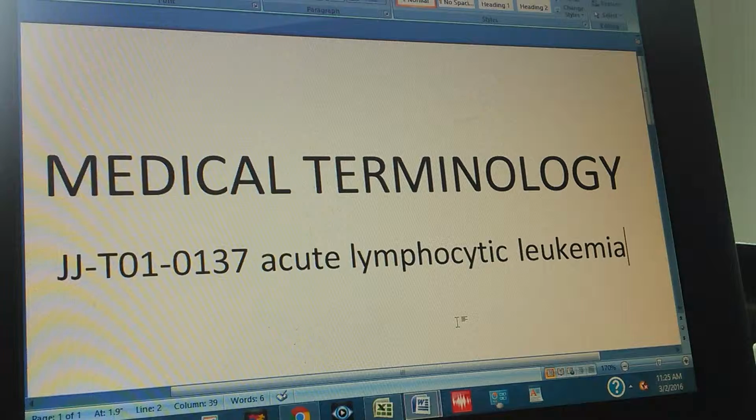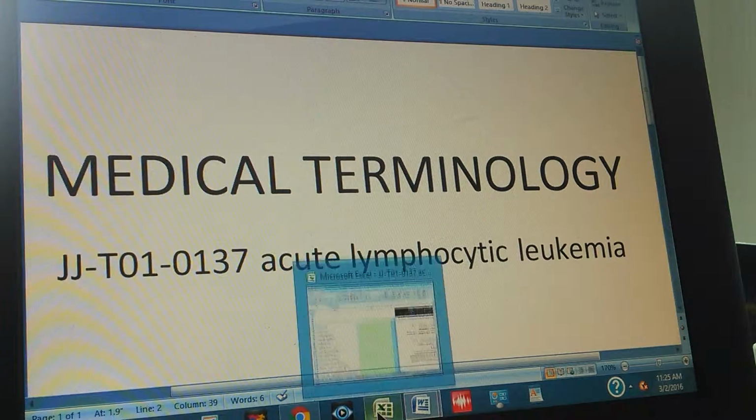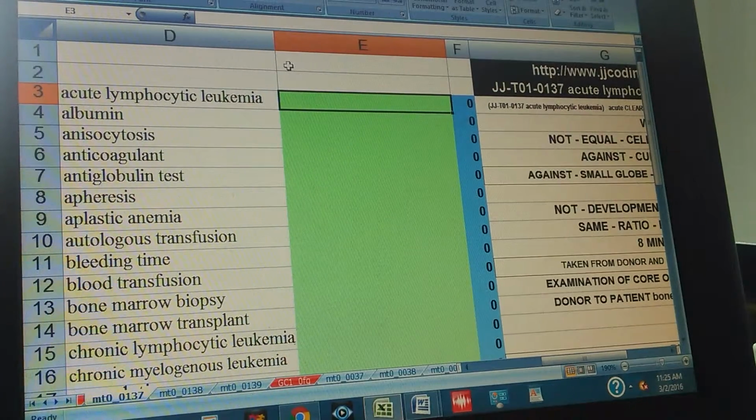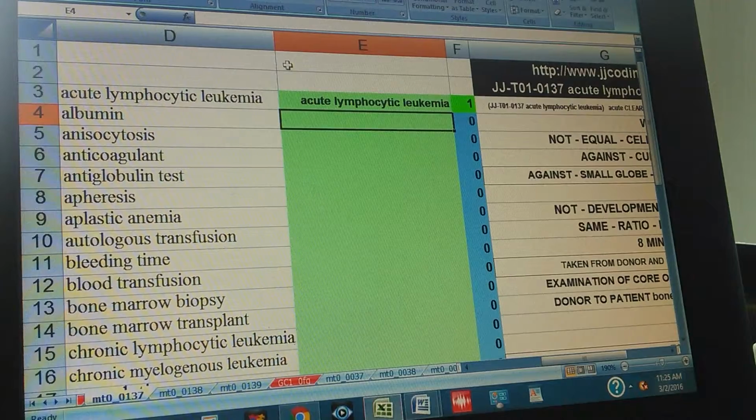JJ-T01-0137. Acute lymphocytic leukemia. Albumin.